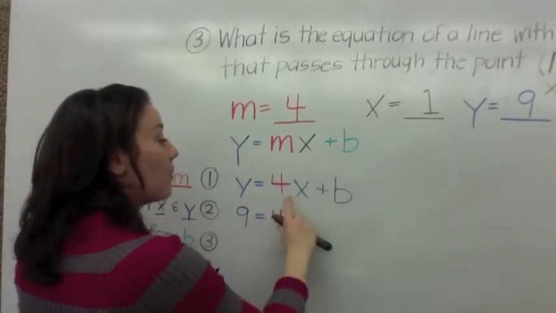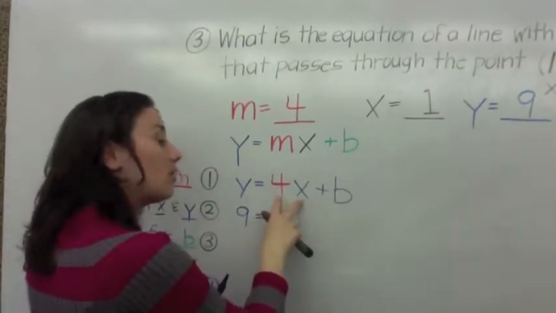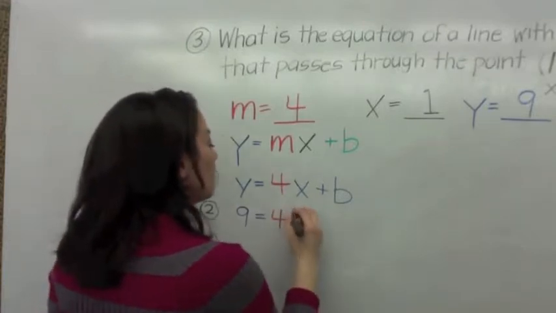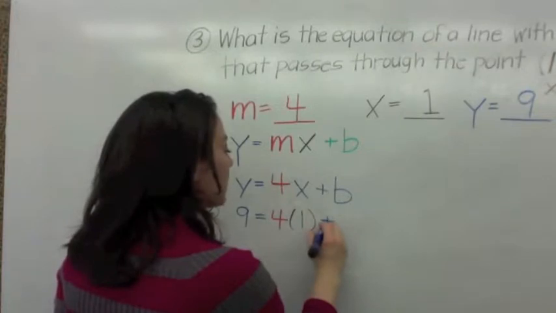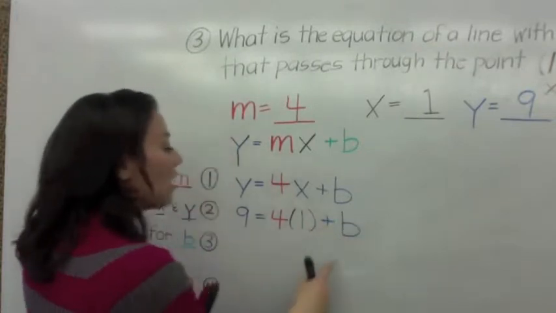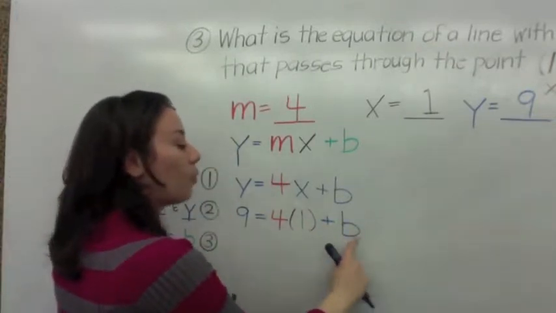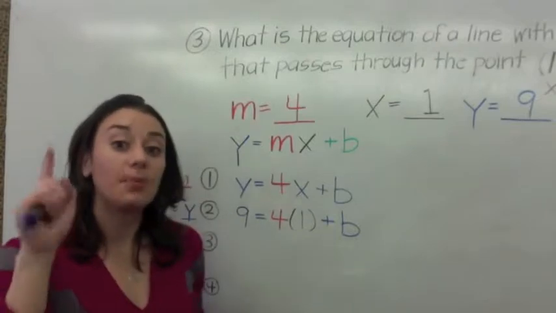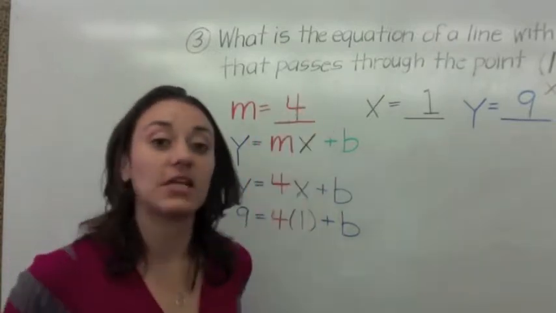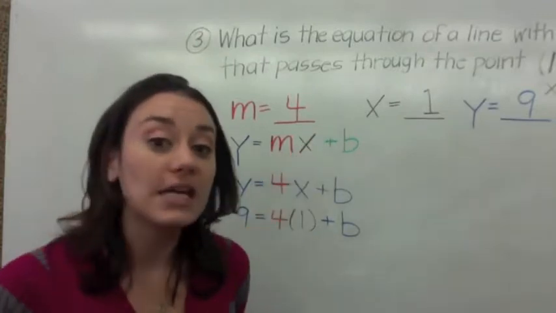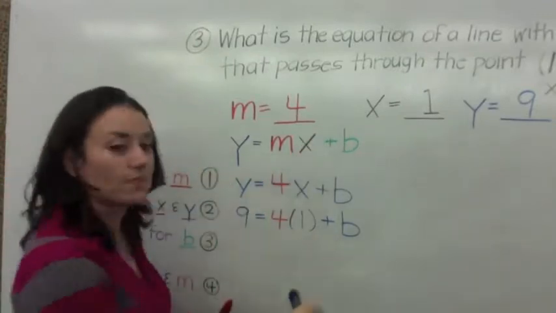X is 1. And remember, 4 and x, they're being multiplied. So you multiply with parentheses by 1. Then you add b. Okay, we are looking now for what is b. B is the boyfriend. B is on which axis? It's on the y-axis because it's the y-intercept. What is it? The y-intercept.